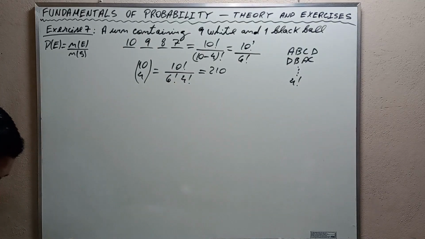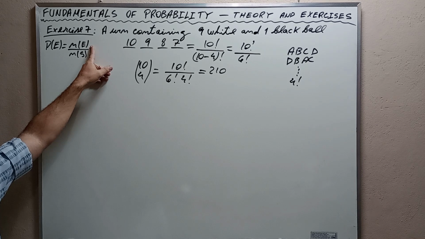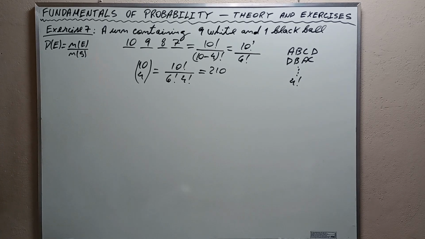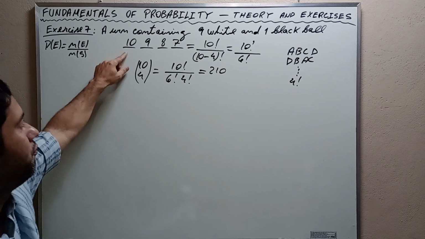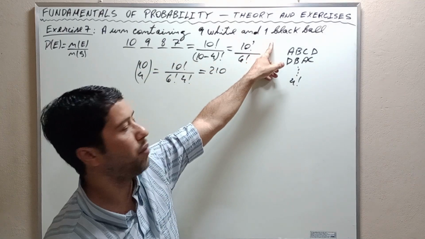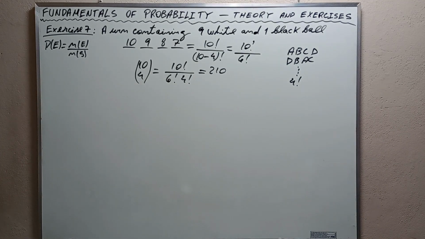We are going to distinguish them now to understand our event. What was the event of interest? We are calculating the probability that among the 4 selected, the black ball is chosen. We are going to have to use a technique here.